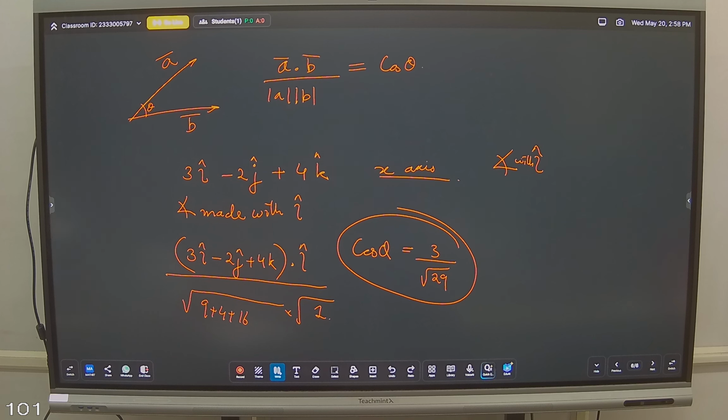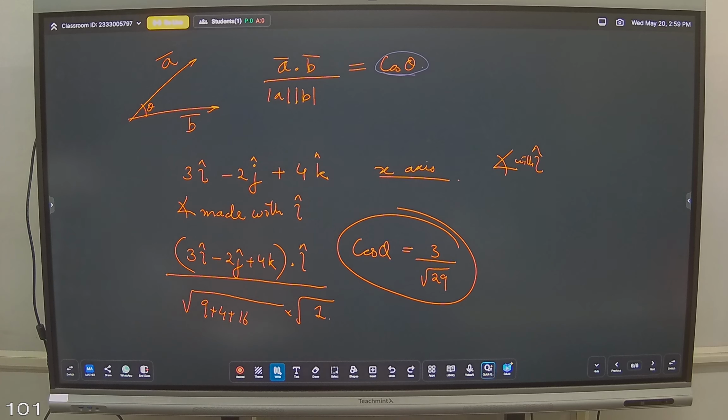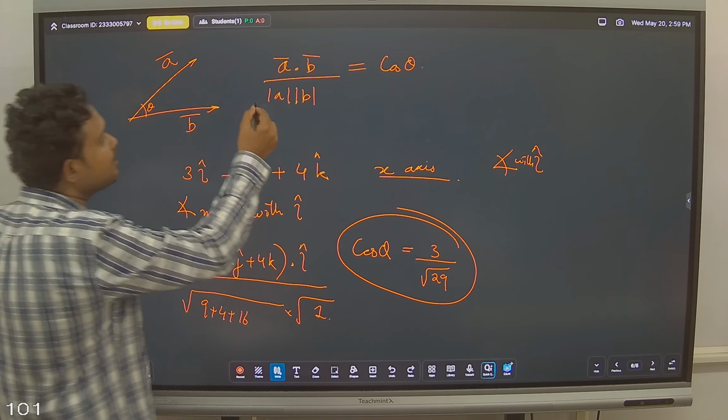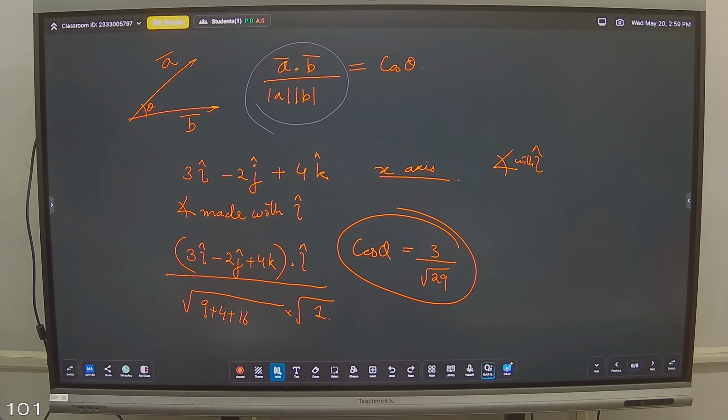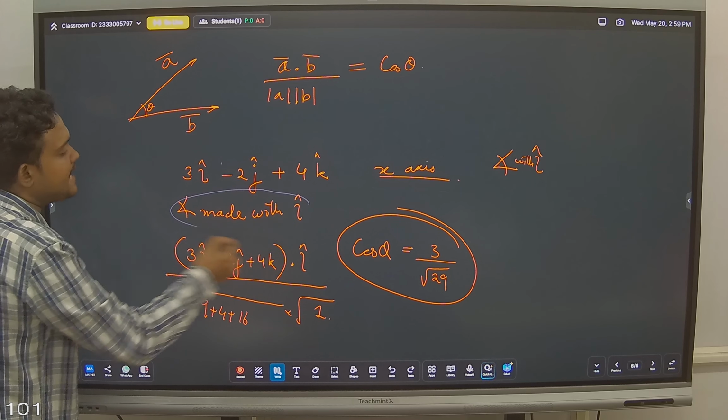So if I have two vectors, and the angle between the two vectors is theta, then cos theta equals A dot B by mod A mod B, right? A dot B is mod A mod B cos theta. So A dot B by mod A mod B is cos theta. I have done the same thing here. In order to find the angle made by this with the x-axis, I found the angle made by this with the I cap direction.